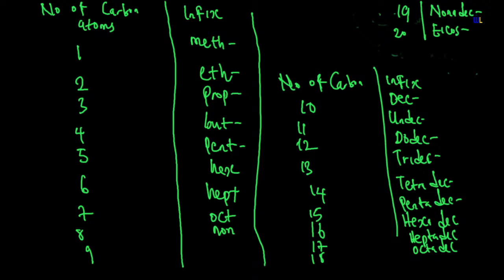For want of time, we have to move ahead. These represent the infixes, and infixes tell us the number of carbon atoms in the parent chain. It can actually be used to represent the number of carbon atoms generally, but as a part of the organic name, the infix tells us the number of carbon atoms in the parent chain.